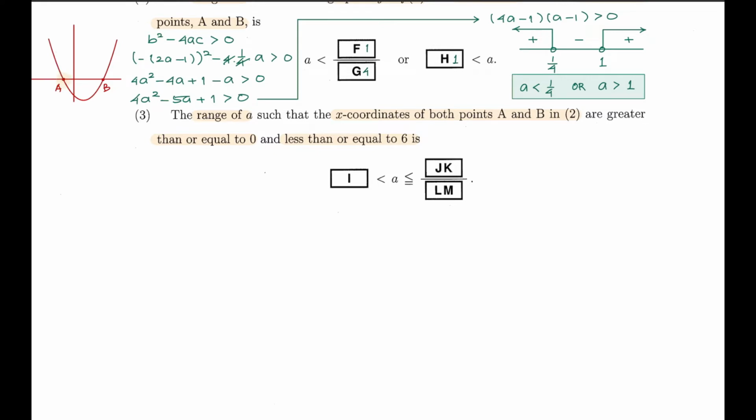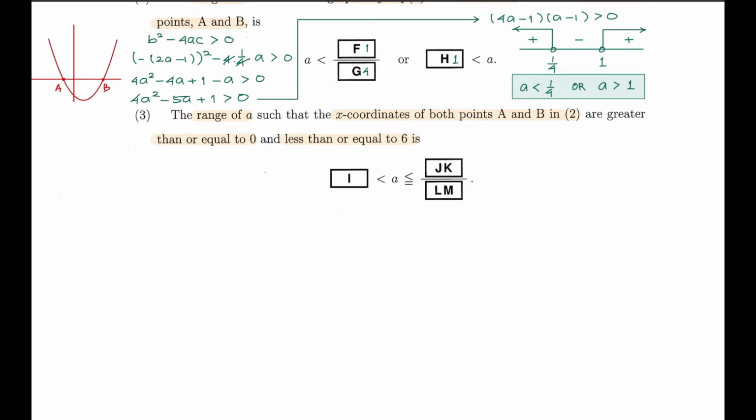Jadi nilai A dan B ini, koordinat A dan B ini, harus lebih besar atau sama dengan 0 atau lebih kecil atau sama dengan 6. Berapa nilai A-nya? Nah, to answer this question, we have some conditions that must be satisfied by this expression.